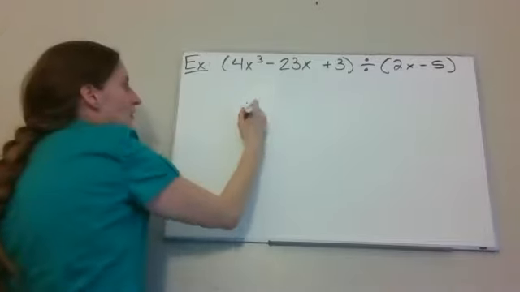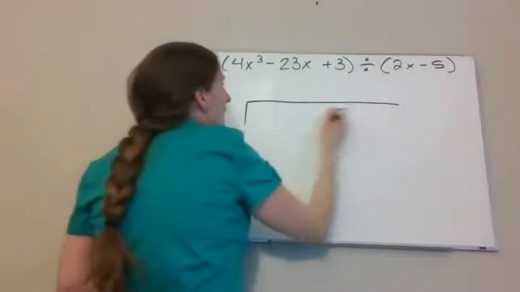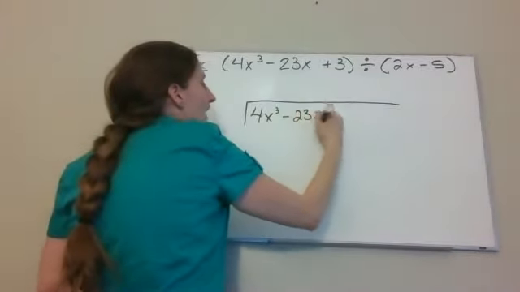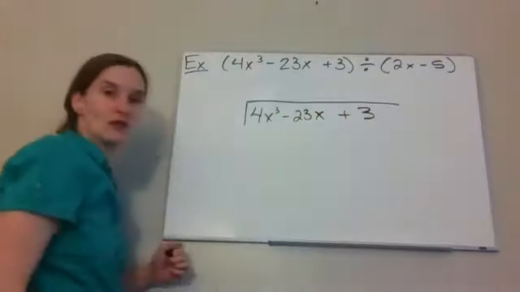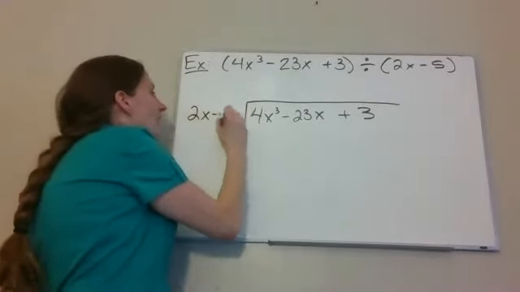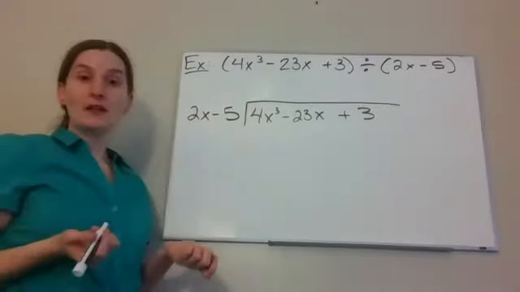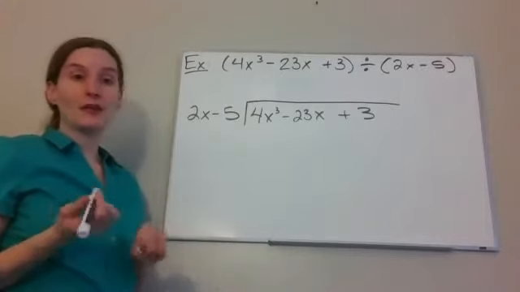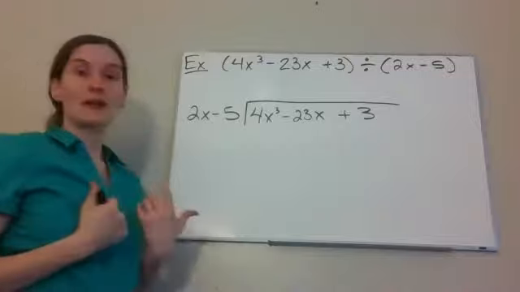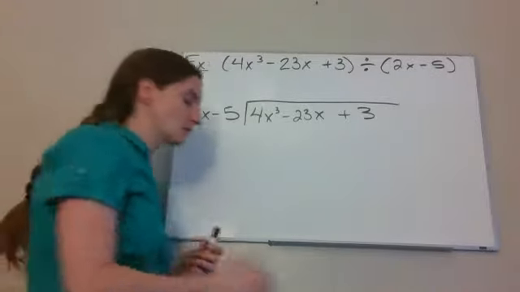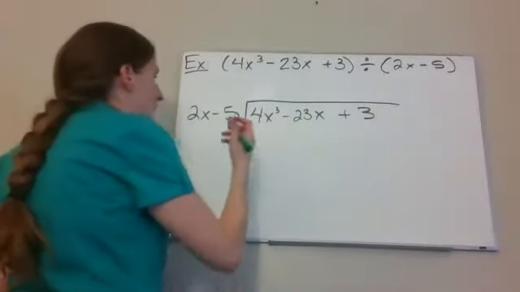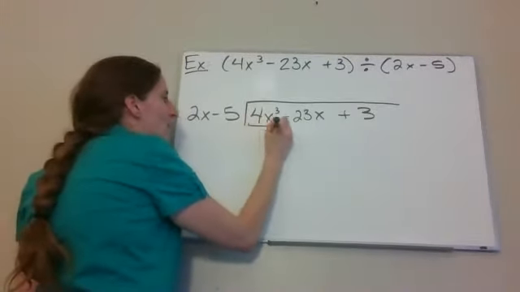So the first thing you do to set up the problem is you write 4x to the third minus 23x plus 3 underneath your division symbol, and you have 2x minus 5 on the outside. That 4x to the third minus 23x plus 3 is called our dividend, and the 2x minus 5 is our divisor.